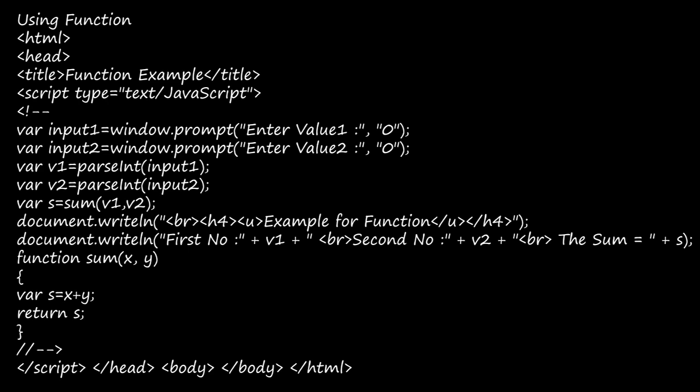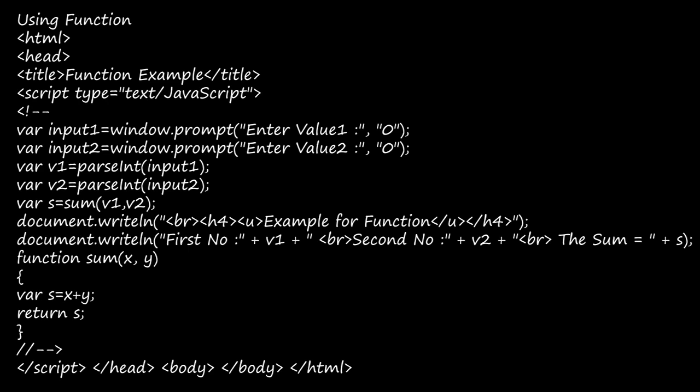We know how to write HTML code. Whatever HTML code it may be, it will start and end with the HTML tag, right? In the HTML tag we'll have two sections, head section and body section. Here you will be writing this script inside the head section only. Inside the head section we'll have the title tag.